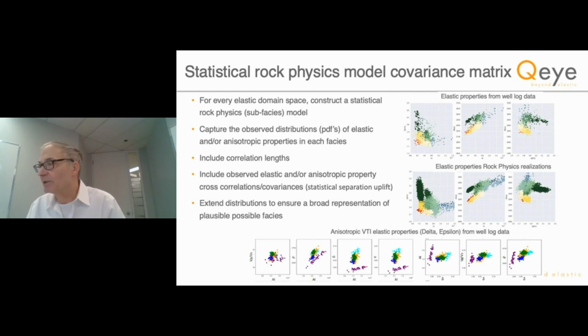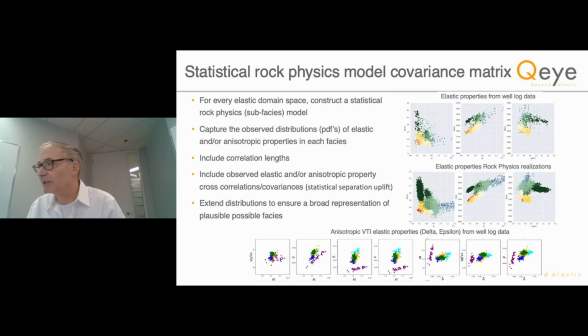These are Thomsen parameters for the VTI situation in terms of shales. What we will use these elastic spaces for is to come up with correlation lengths, and from that we can produce the PDFs for these statistical separations.